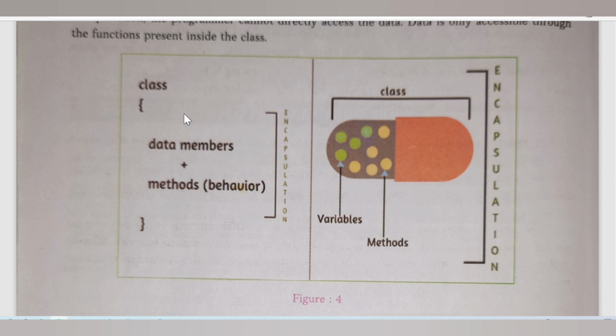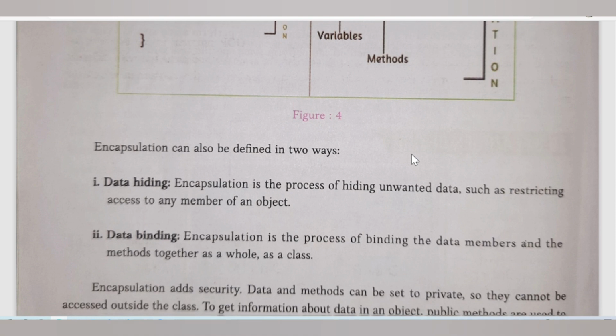So it will be like that: here we have a class, here we have data members plus some methods or behaviors, and inside the method we will have some variables, and everything will be kept inside a capsule or inside a block that is hidden from the normal user.